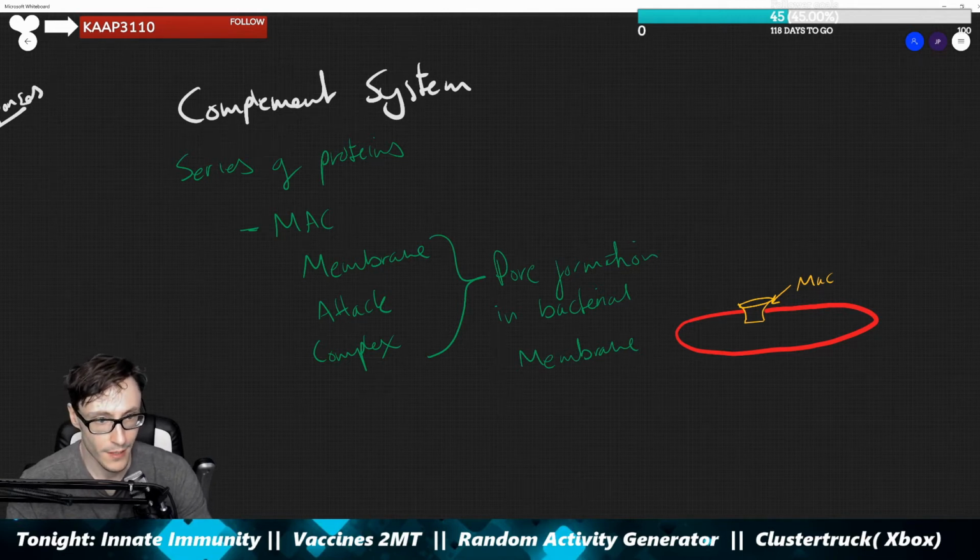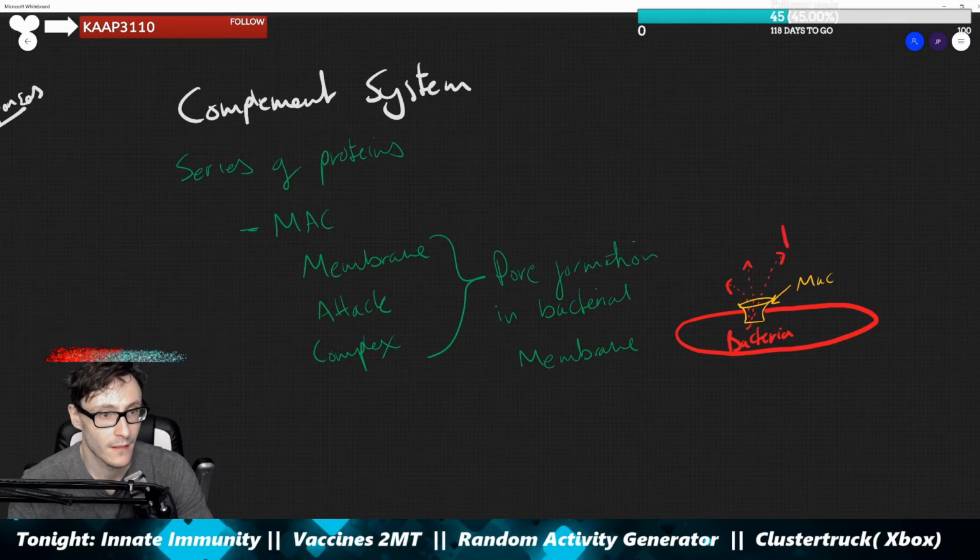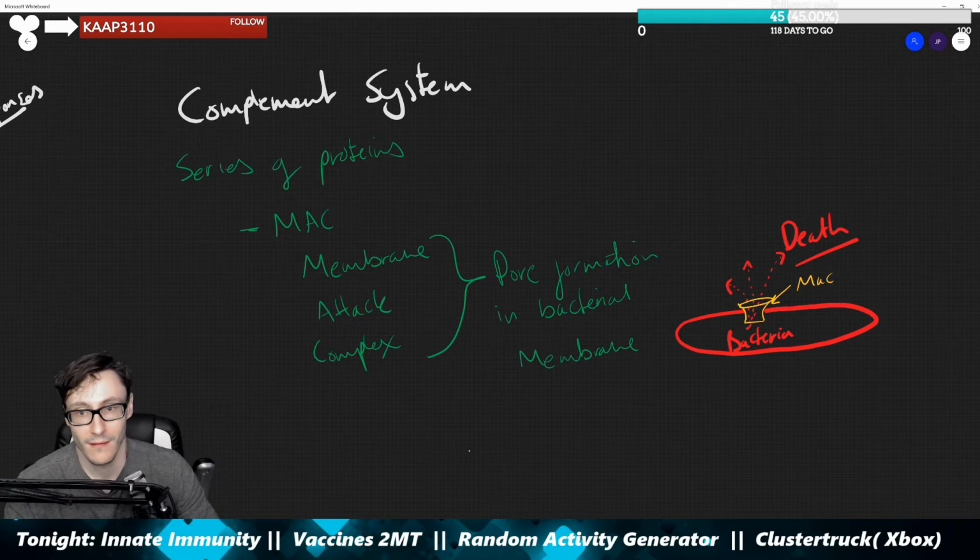And unfortunately, from the bacteria's point of view, the innards of the bacteria leak out of these holes, and it causes death to the bacteria. Which is good, because you don't want bacteria floating around your circulation.